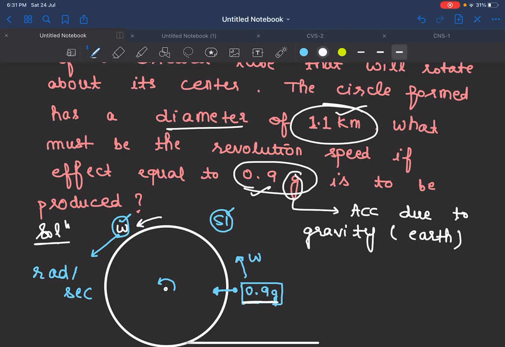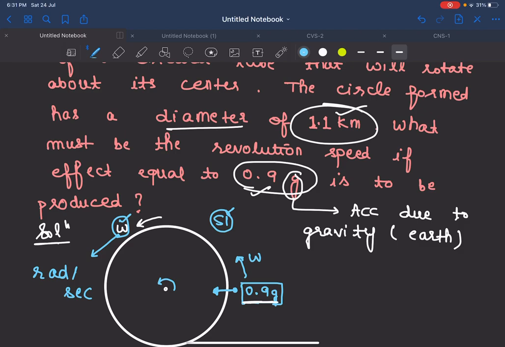And we want that centripetal acceleration to be 0.9 g, which basically means the centripetal acceleration should be 0.9 g. And we have all other information too, like the diameter. So we have to just do a simple step. We have to equate the centripetal acceleration of any given object to 0.9 g, right?